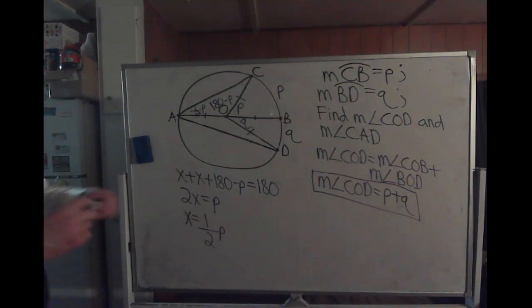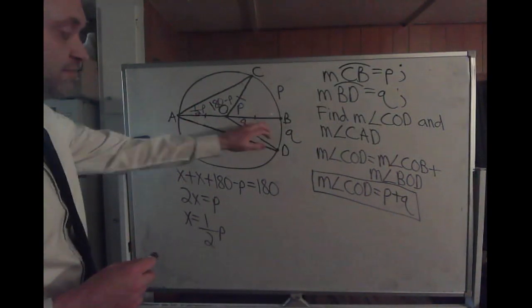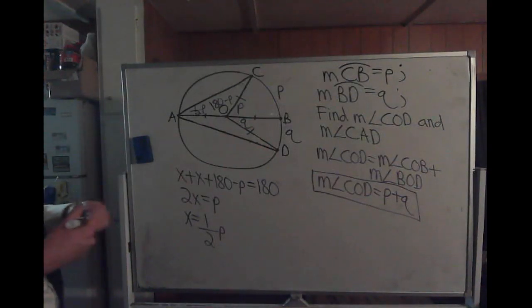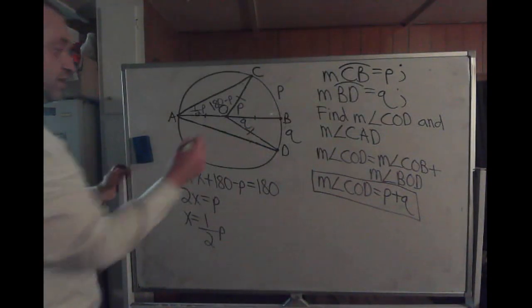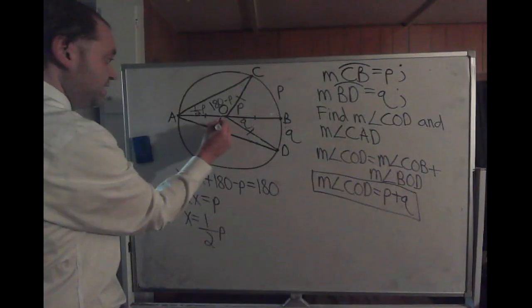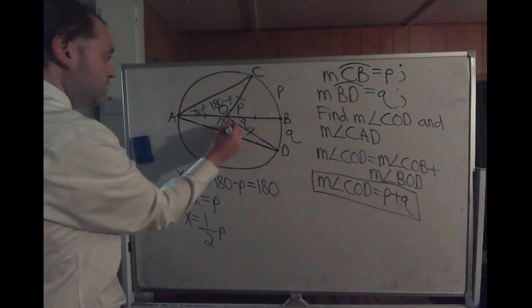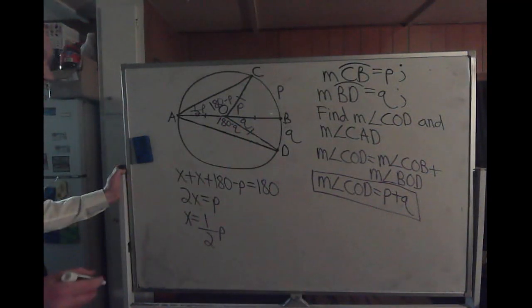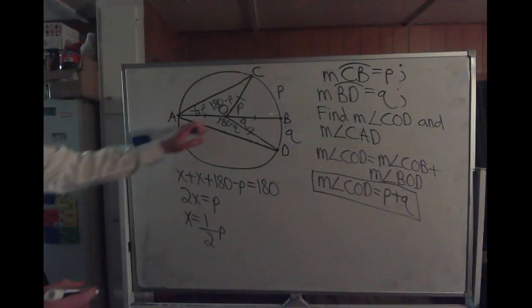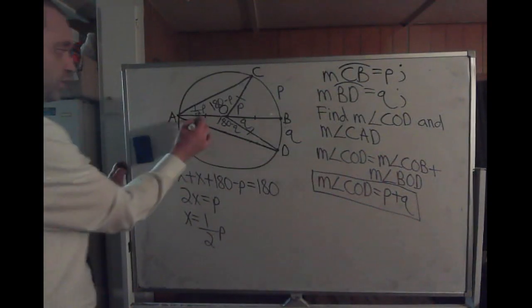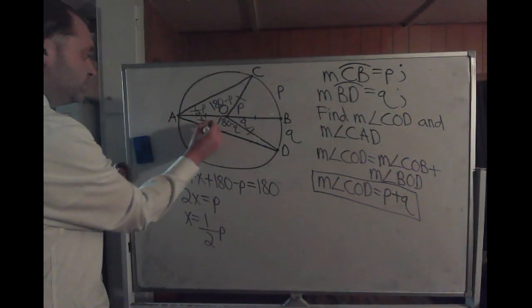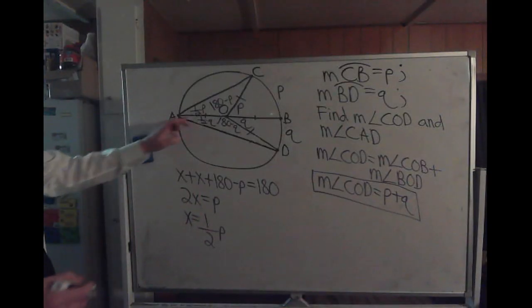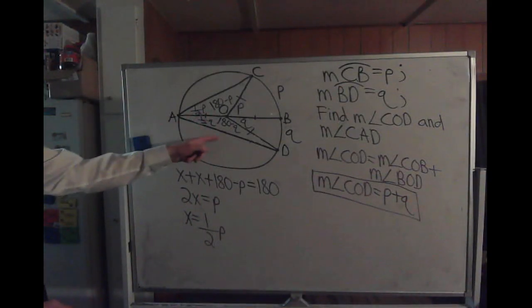Now, if we look at these two angles, angles AOD and BOD, they're supplementary angles. You just take 180 minus Q, you'll get the measure of angle AOD, which would be 180 minus Q, which means you're going to end up in a similar situation here. You'll end up getting 1/2 of Q for the measure of angle OAD.